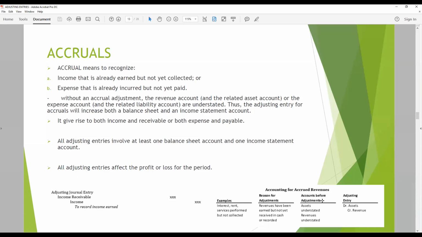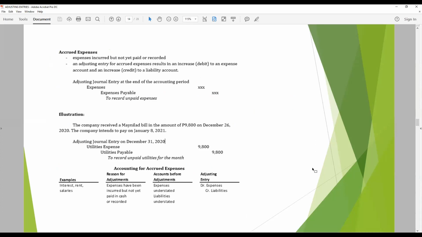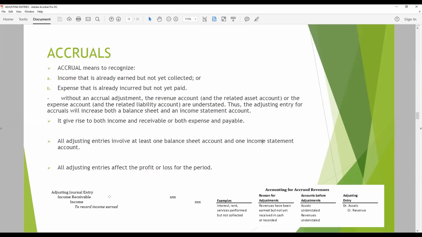And accounts before adjustments, assets are understated kasi hindi nyo na-recognize yung receivable, and revenues are as well understated kasi na-deliver nyo na yung goods or na-perform nyo na yung service pero hindi nyo pa nare-record as revenue yun. So understated din yung revenue nyo. So adjusting entry would be debit assets or receivable, credit revenue. This is for accrued revenues.